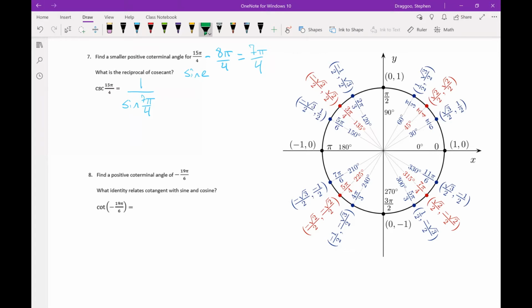Going to the unit circle, I want the y value at 7 pi over 4, which is negative root 2 over 2. So this is 1 over negative root 2 over 2, which is negative 2 over root 2. And that simplifies to the negative square root of 2.